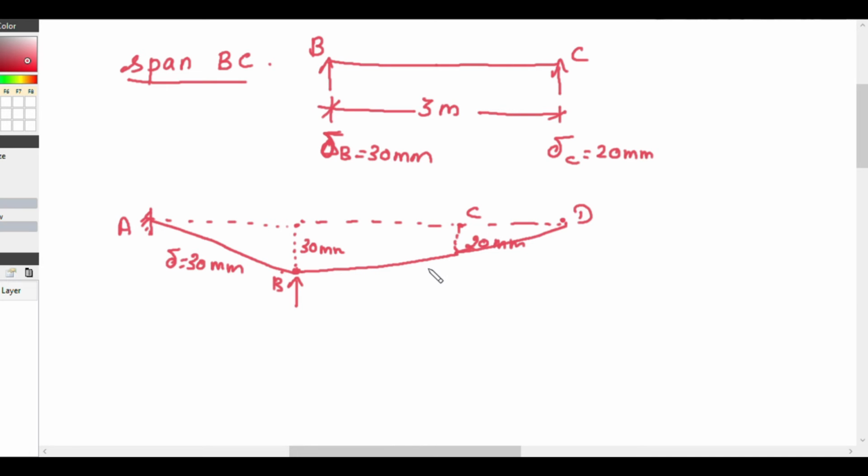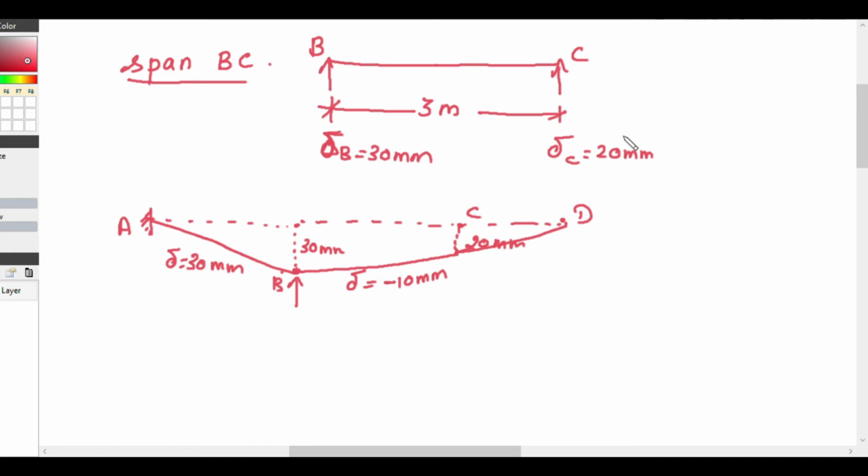It is the upward settlement, this deflection is in the upward direction. So for the span BC, the total delta is equal to 30 minus 20, it is 10, so minus 10 mm.